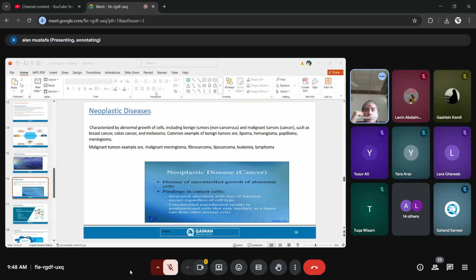One very important thing that differentiates between a benign and a malignant tumor is that malignant tumors have the capacity to metastasize. Metastasis means it goes from one place to another to spread, while benign tumors don't have this capacity. They stay there.